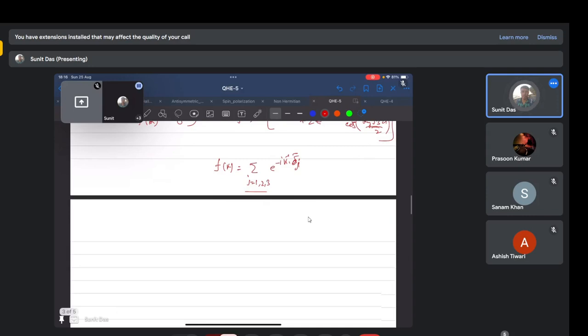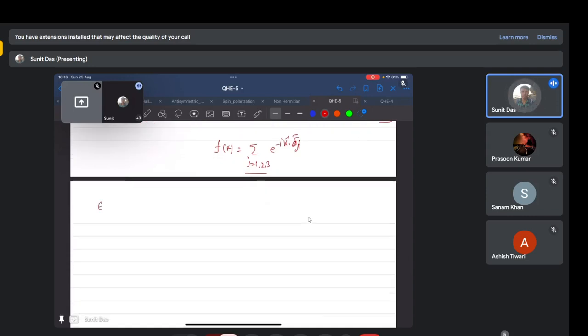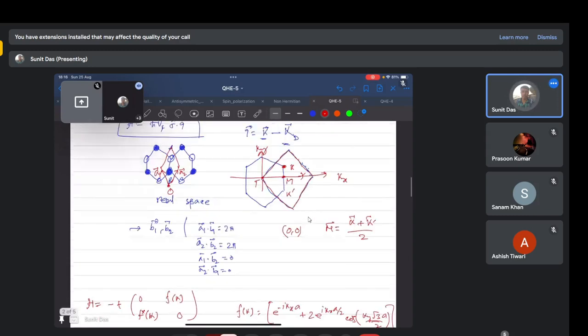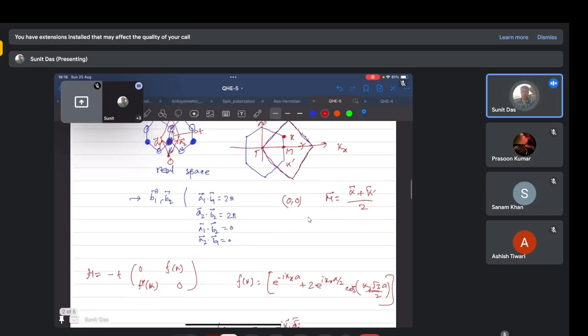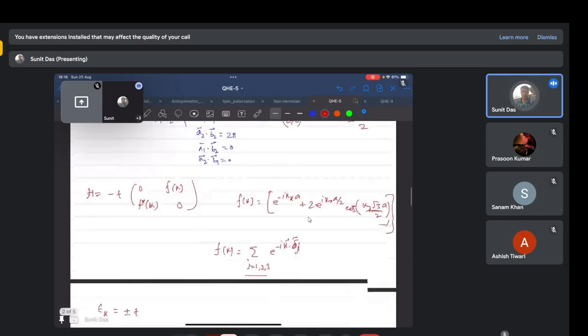And from this Hamiltonian, we had the energy dispersion relation as plus minus t, where t was the direct hopping parameter. So this is, let's say, A, and this is B, and this is A. So this hopping strength is given by t between two consecutive atoms of A type and B type.